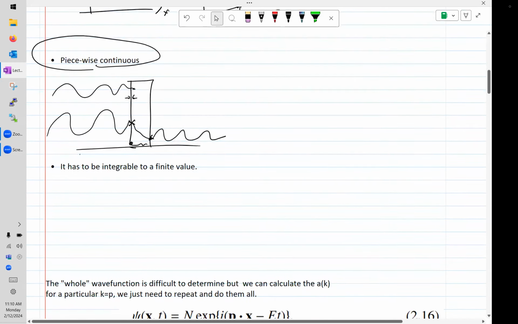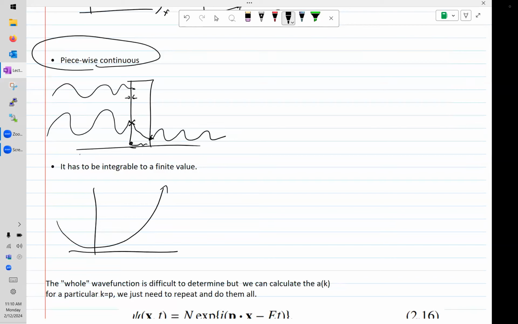And it also has to be integrable to some finite value. So for example, if your wave function is like x squared or something like that, x squared integrates to infinity from negative infinity to positive infinity, right? So you cannot integrate it. The integral cannot go to infinity, because then you just have infinity as a probability. That doesn't make any sense, right?